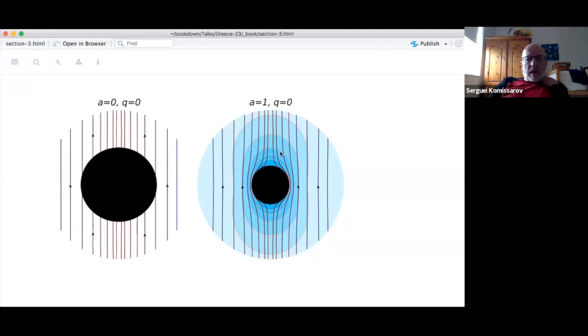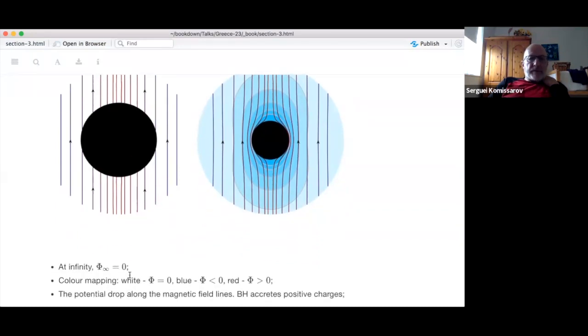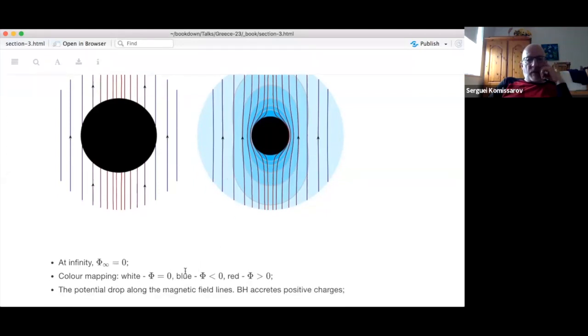And color will be used to show the electrostatic potential. At infinity, I will always set the potential to 0. When the potential is 0, the color in the color mapping here will be white. When it's negative, it will be blue, and when it's positive, it will be red.